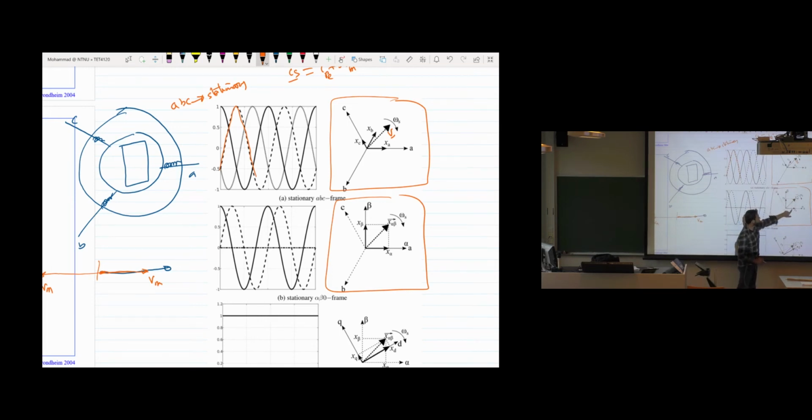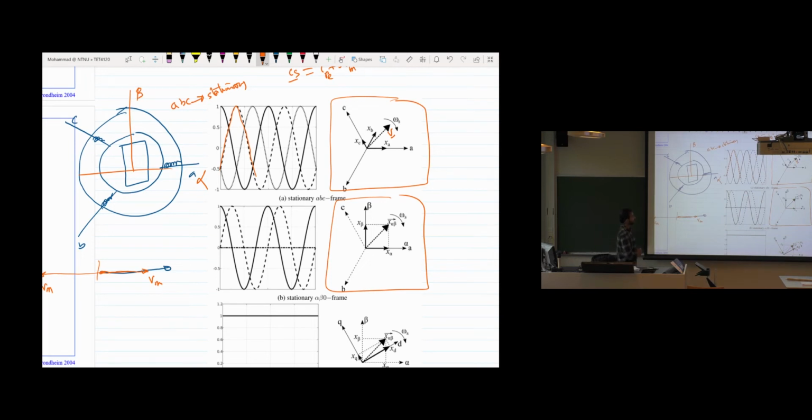Instead of three, now we are presenting it with two components, alpha and beta. And what you see is that this is still in a fixed position. So instead of three, now we have two components. One is called alpha here, and the other is called beta.